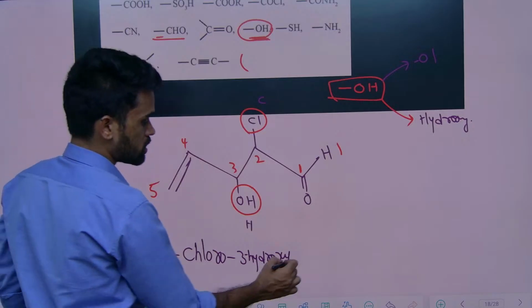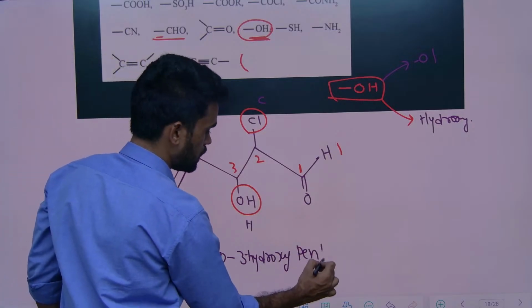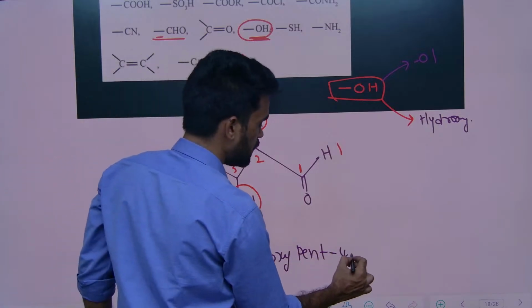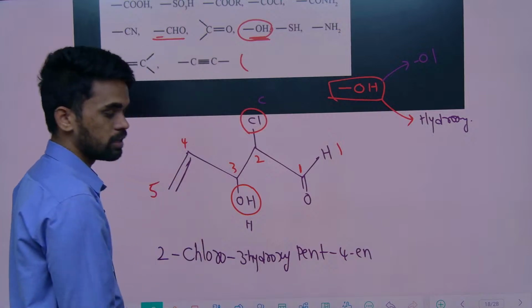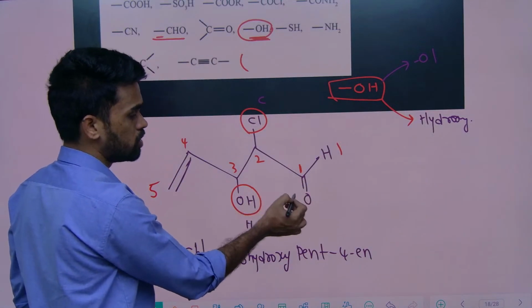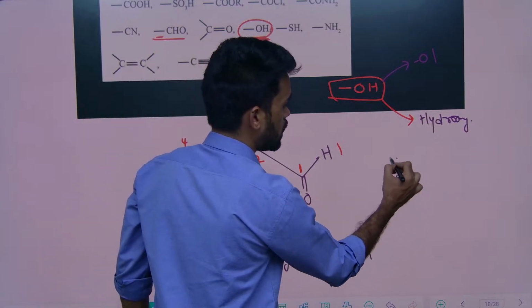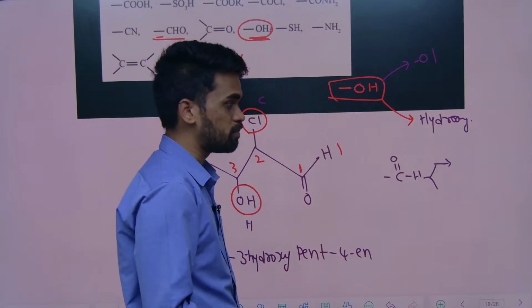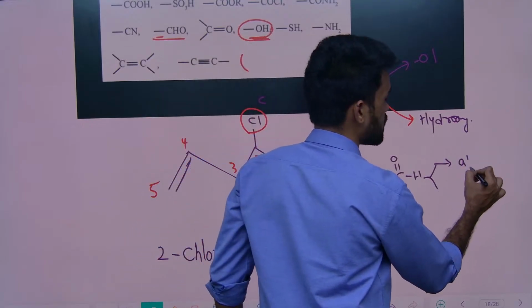Okay, pent. At fourth position a double bond is there. Pent-4-ene. Okay, 4-ene, and first position is the aldehyde group now. So for aldehyde, when you are writing in the prefix format, we need to use it as aldo.